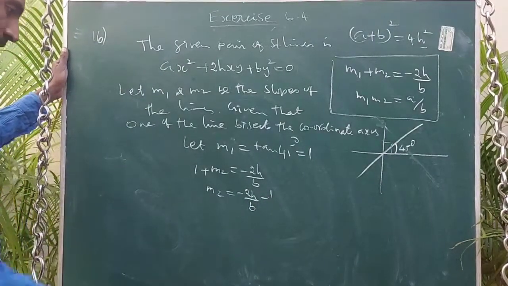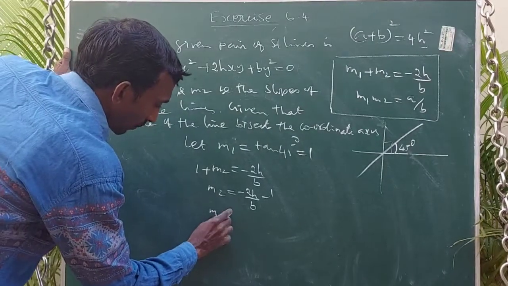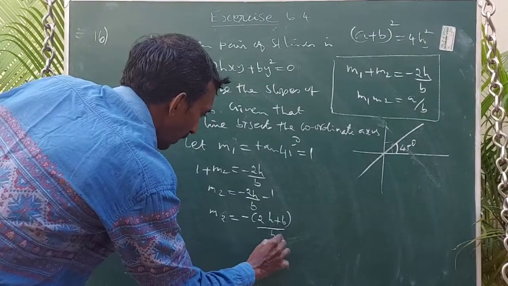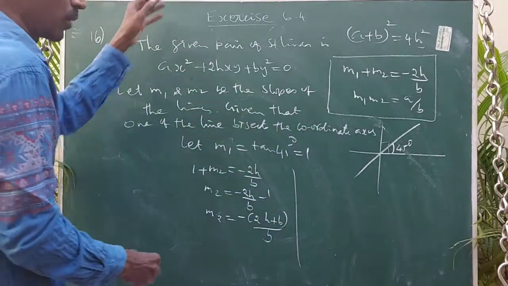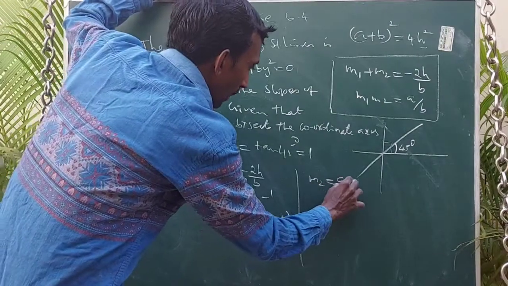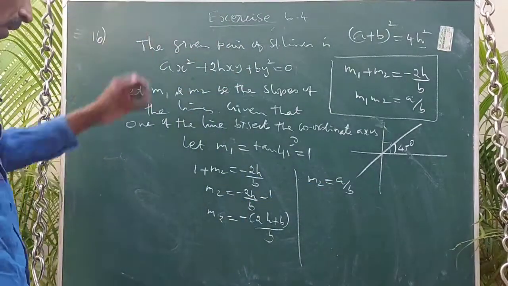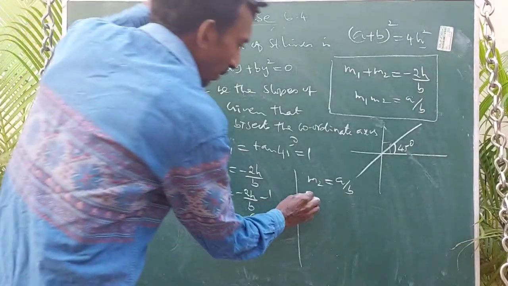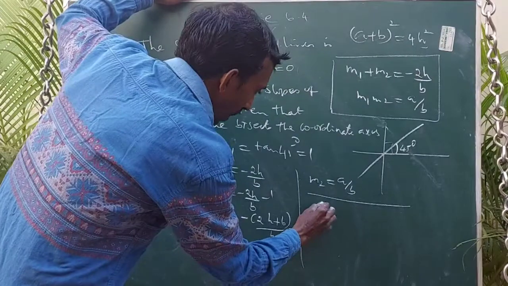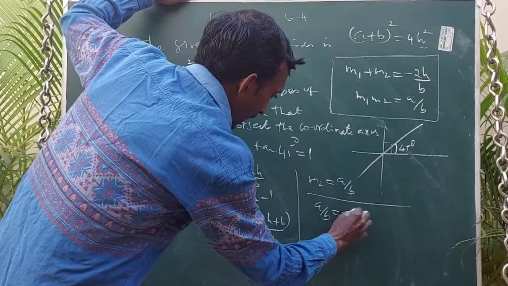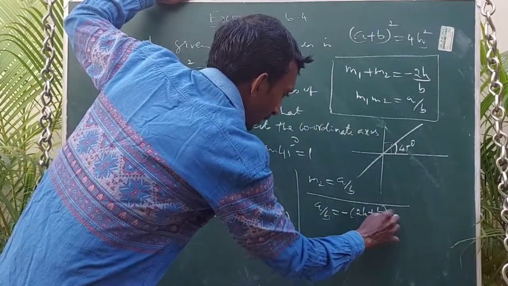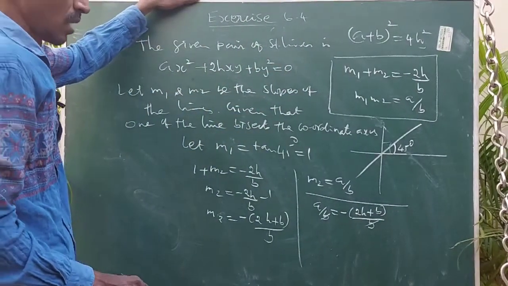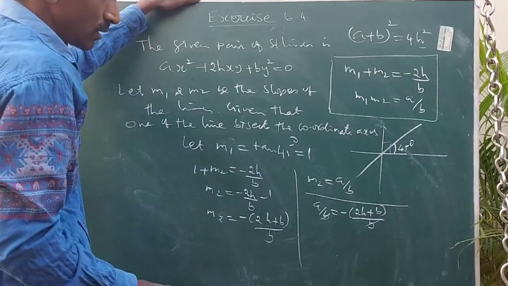If you want, you can take the LCM, so m2 = −(2h + b)/b. If you put it in the second equation, we are getting m2 = a/b, since 1 into m2 is a/b. So now equating both, since both are m2, we are getting a/b = −(2h + b)/b. So b cancels.